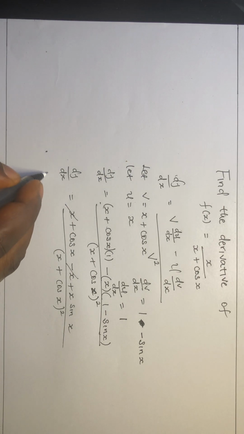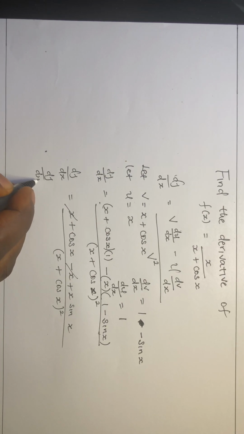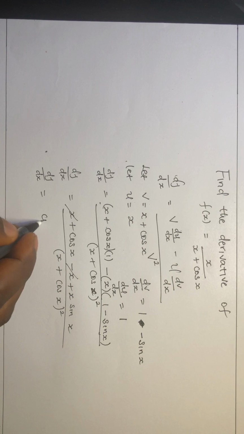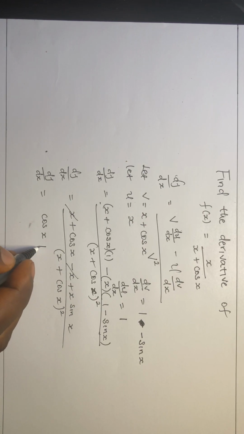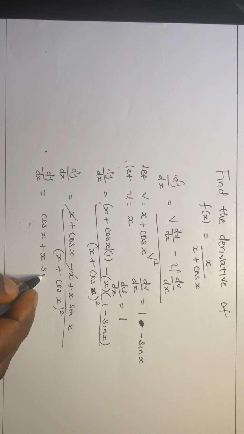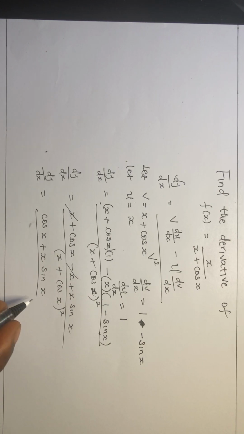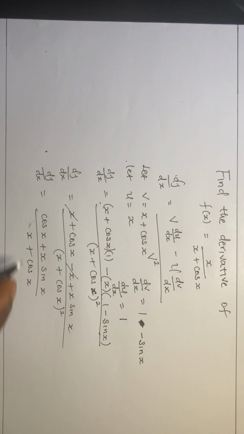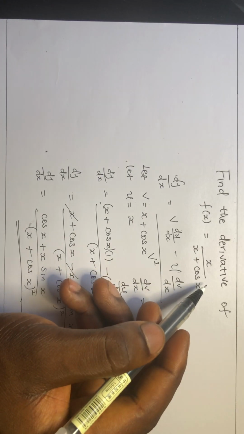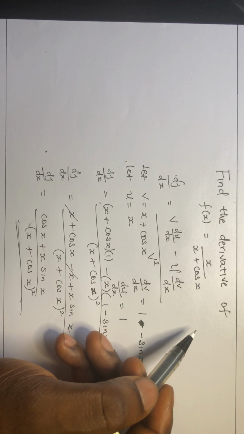So leaving us with dy/dx will be equal to cos x plus x sine x all over x plus cos x all squared. So this is the answer to this problem that we'll have here, x over x plus cos x.